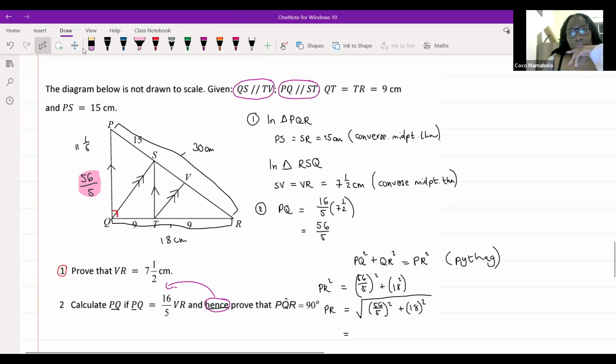Huh. Okay, so I don't know how that works out because it's not supposed to be 21.2.